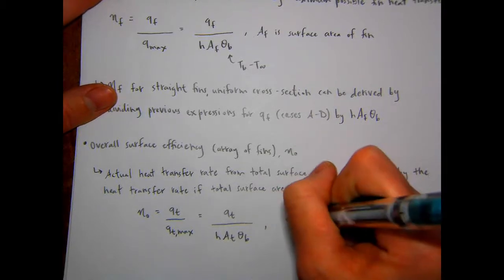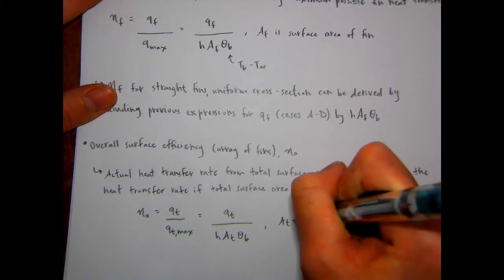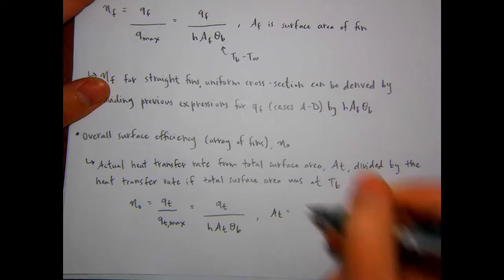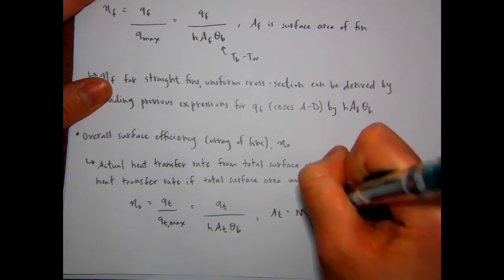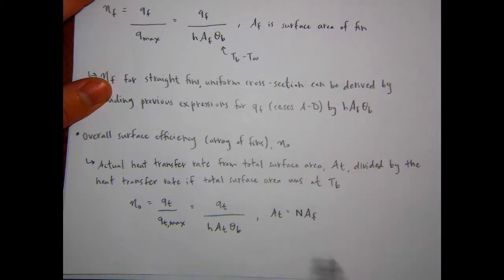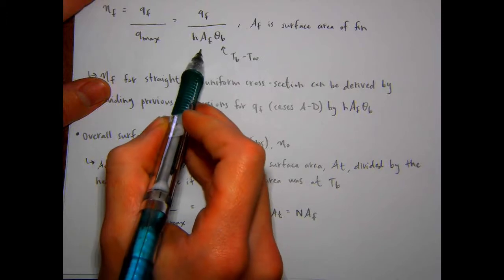And we'll write down an expression for this A sub T. So that's equal to the number of fins times the surface area of each fin, which was the A sub F that we were looking at before for the single fin efficiency.